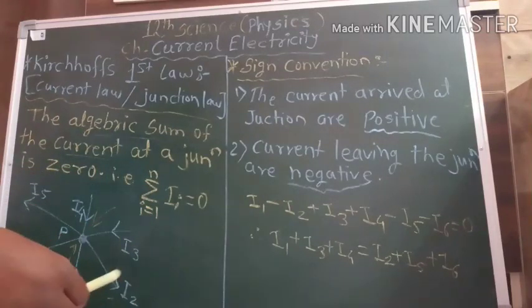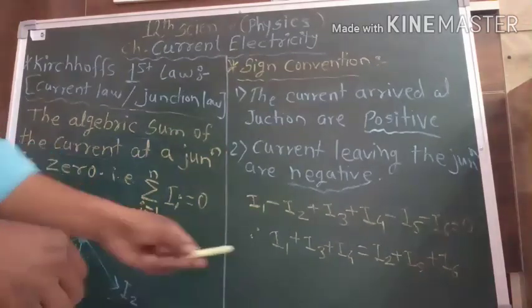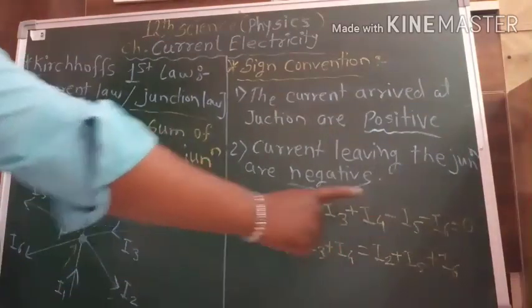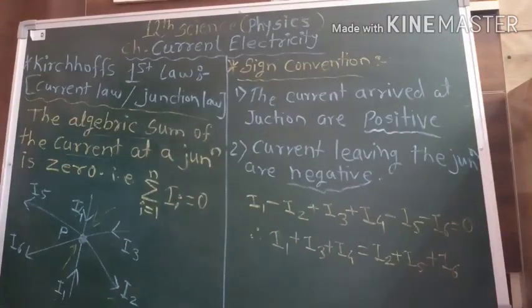We conclude from this equation that the total current flowing towards the junction is equal to the total current flowing away from the junction. This is Kirchhoff's first law, called the current law or junction law.